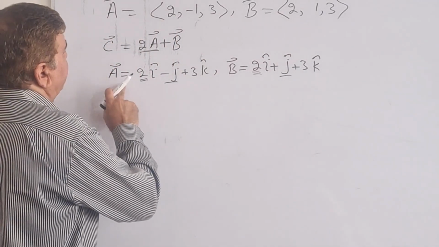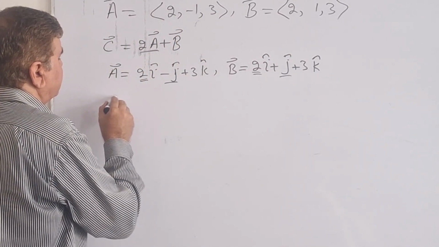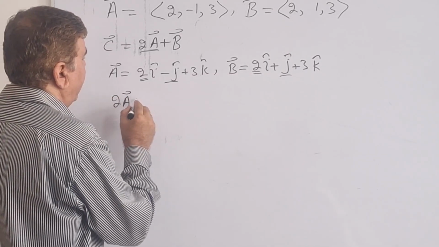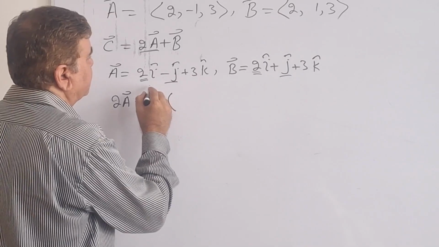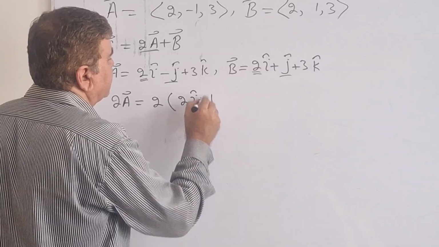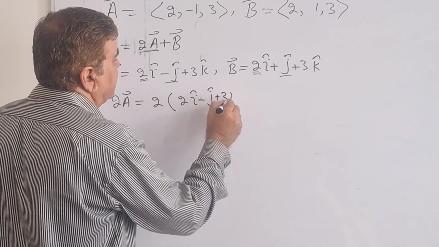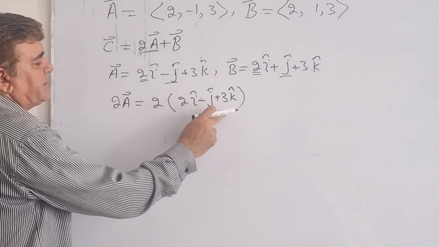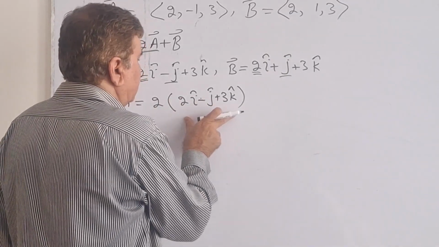Now I want to find this first, that is, I need to find a vector equal to twice the magnitude of A, and that I can write as 2 times (2 unit vector i minus j plus 3 unit vector k), and obviously this 2 multiplies with each single term inside these brackets.